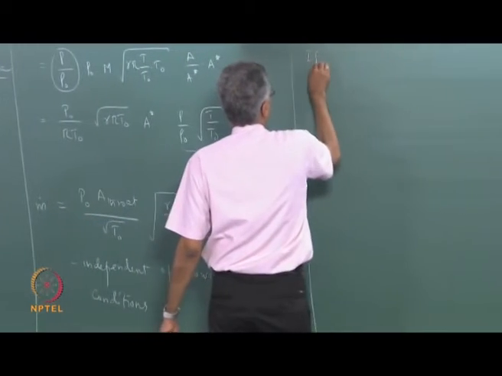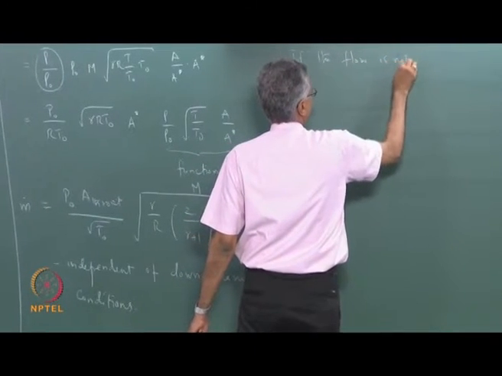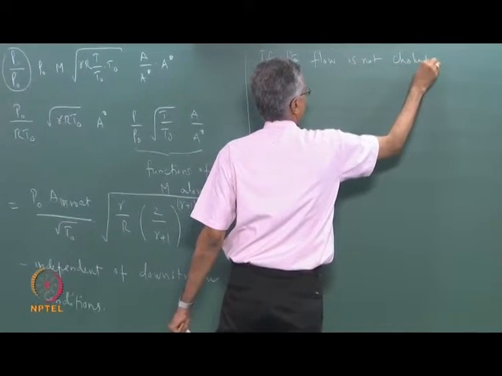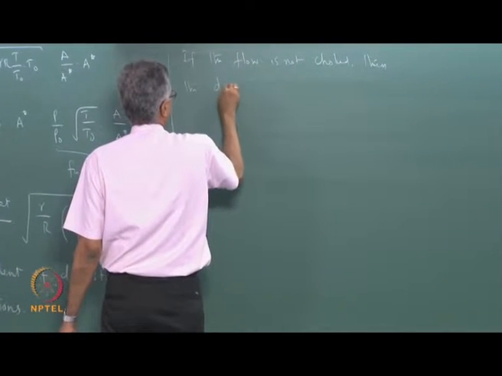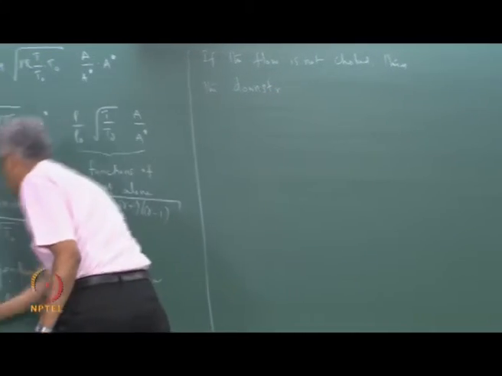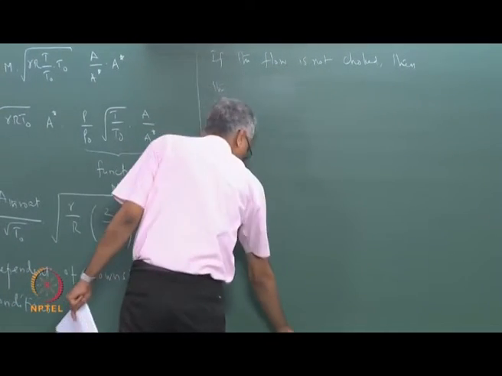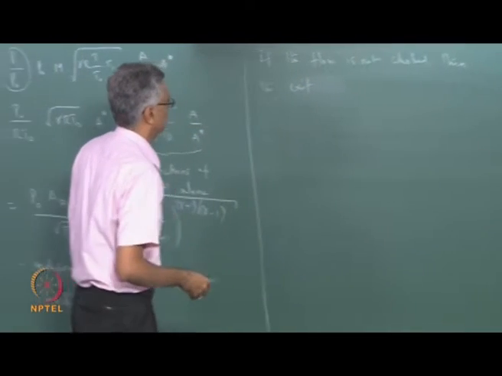So, if the flow is not choked, then the downstream static pressure, or I can write this as exit static pressure, we are going to discuss these concepts next, but we can discuss them now, that is not a problem.